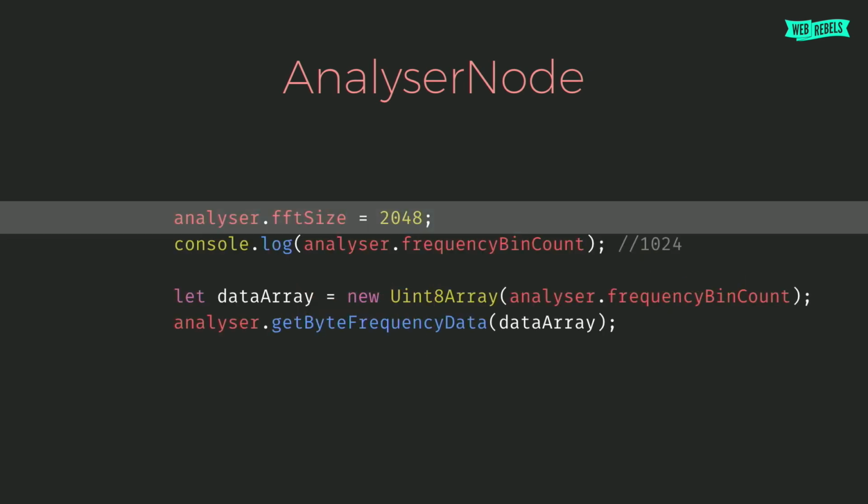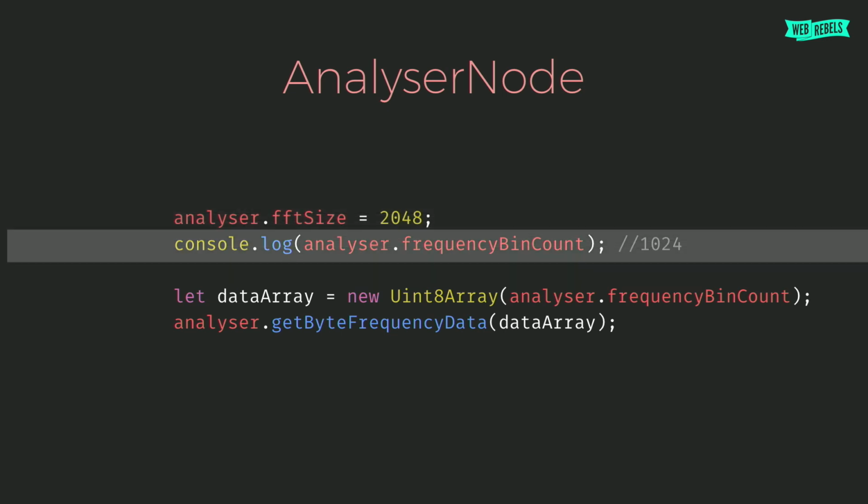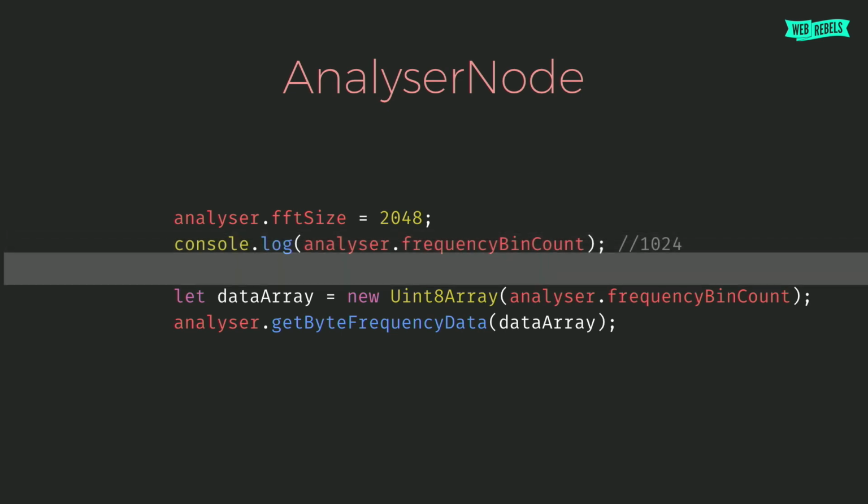So in detail, we would have to set an FFT size, fast Fourier transformation, and this size represents a little time window that is used for performing the fast Fourier transformation. A higher value of this window would result in more details in the frequency domain and fewer details in the time domain. The frequency bin count is half of the FFT size, and it equates the number of single data values we get from the Fourier transformation.